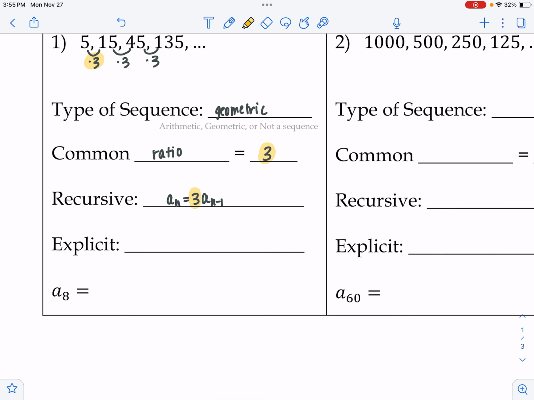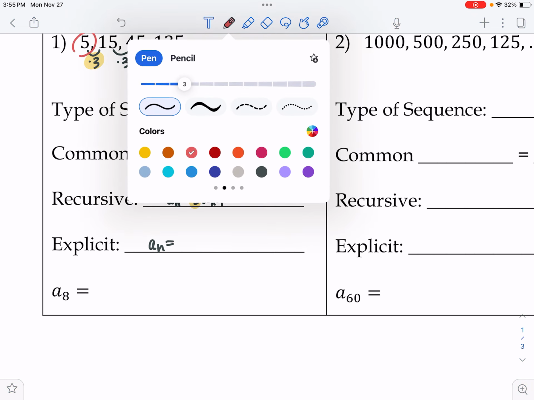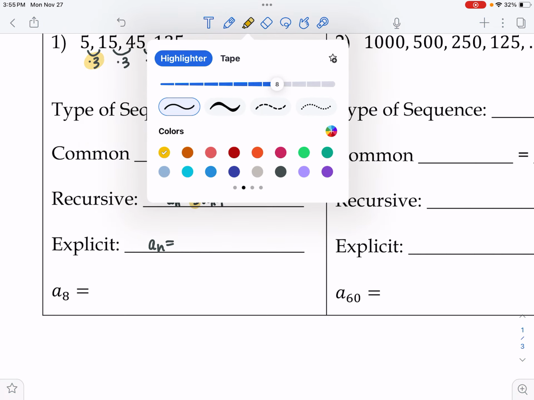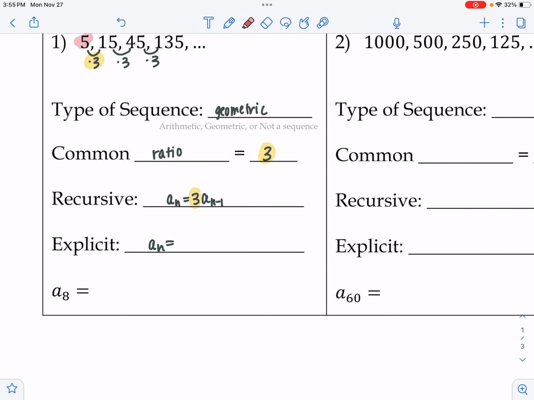The explicit formula is the useful one. It says you can get to any term by taking the first term, which in this case is 5. Okay, so we're going to take that first term and we're going to multiply it by 3 n minus 1 times. The 5 was the first term.